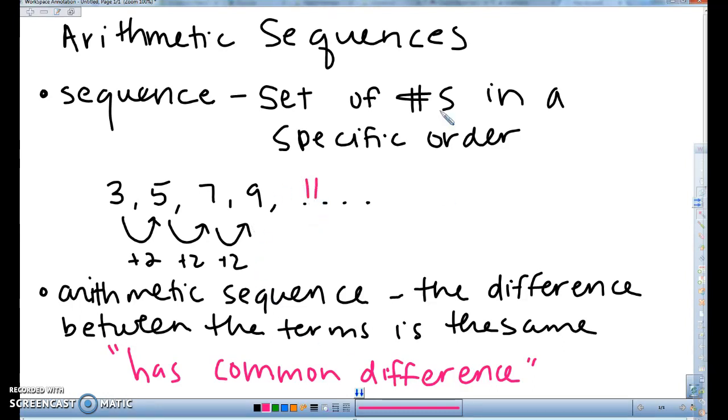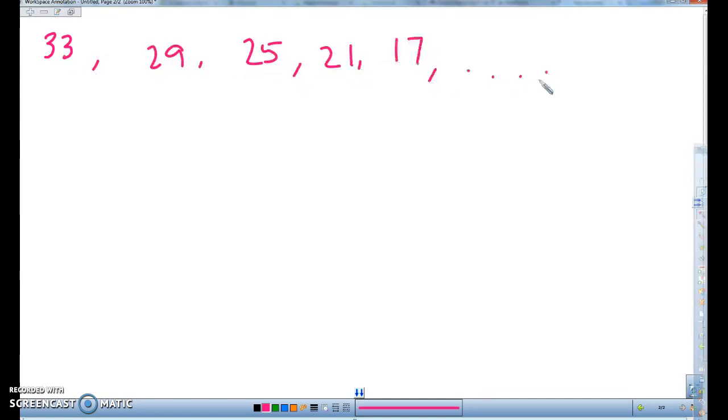So let's look at another sequence because the odd numbers are just a little too easy for you guys sometimes. So let's look at a little bit different. We'll start with 33, 29, 25, 21, 17, and so on. And I want to find what it takes to get from 33 to 29. And it has to be addition or subtraction.